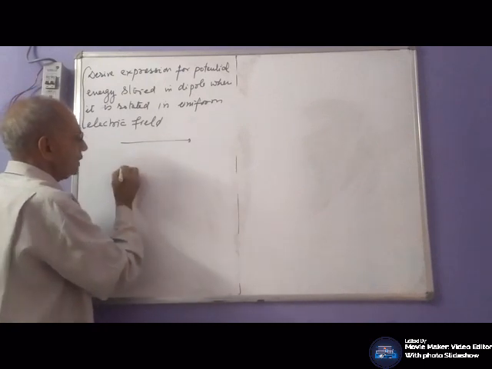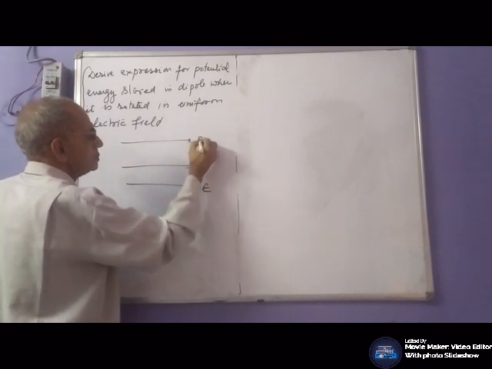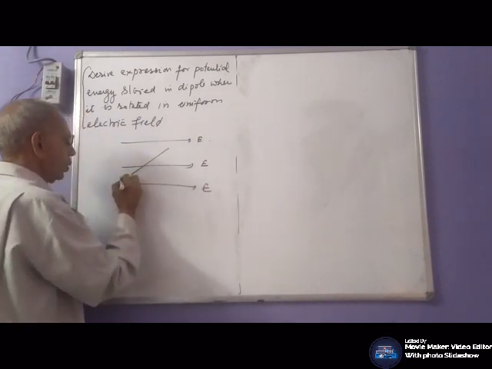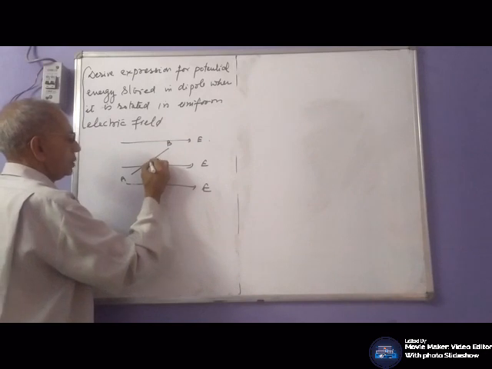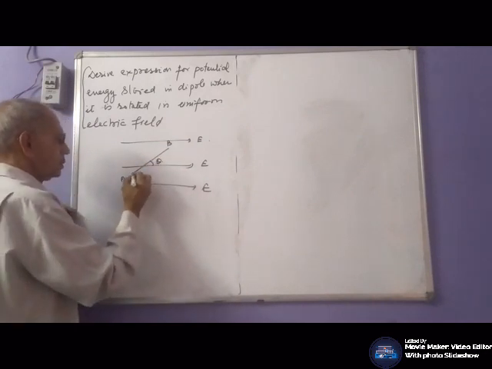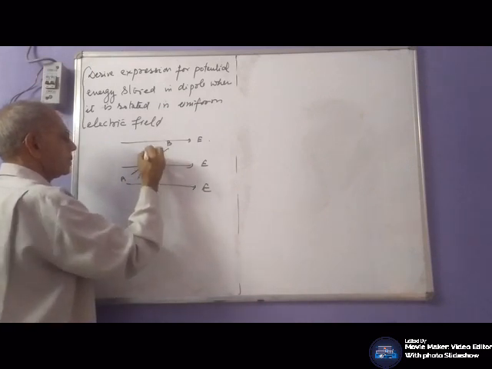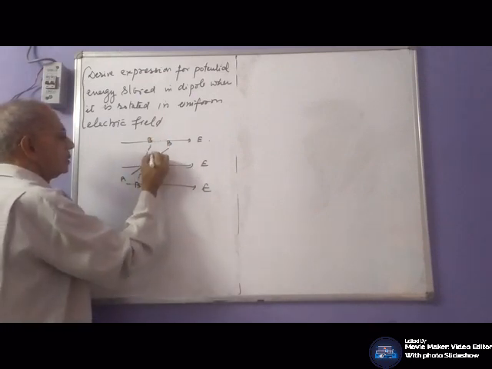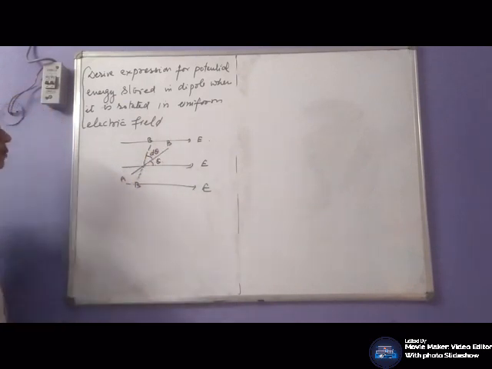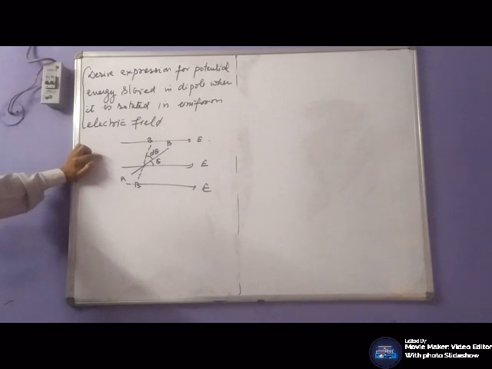This is uniform electric field. This is dipole. This dipole is rotated.